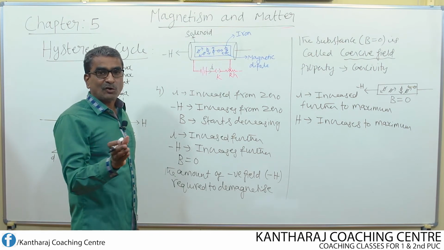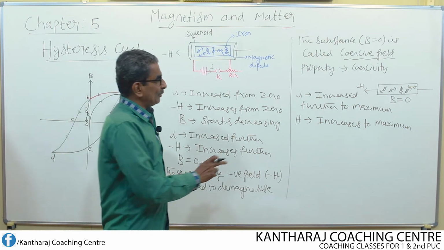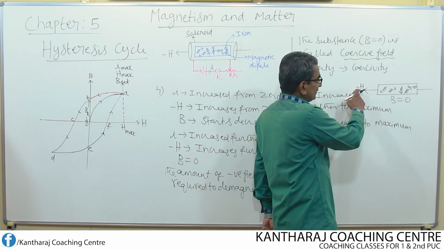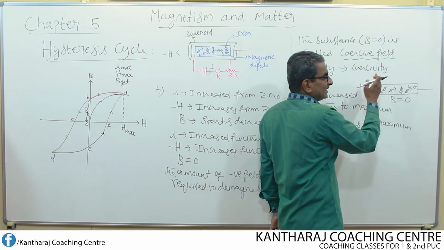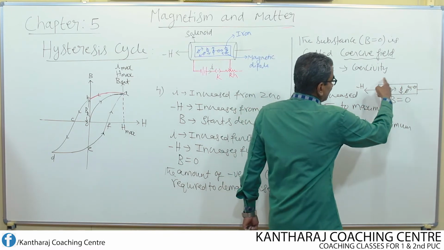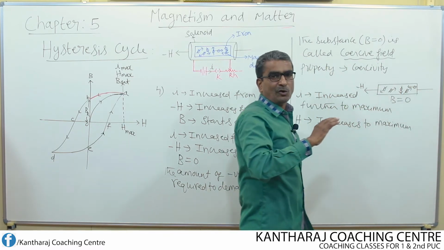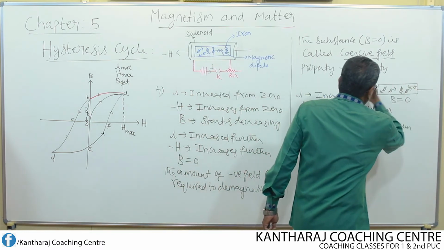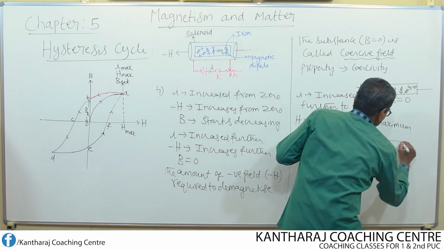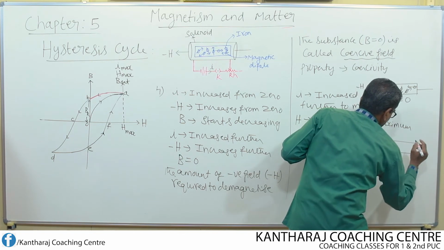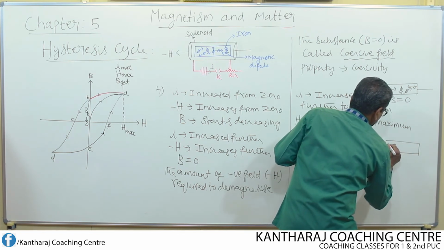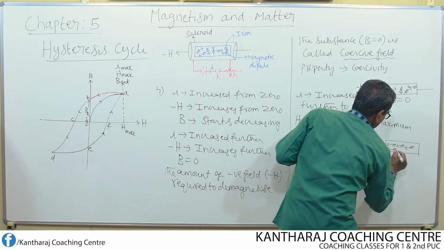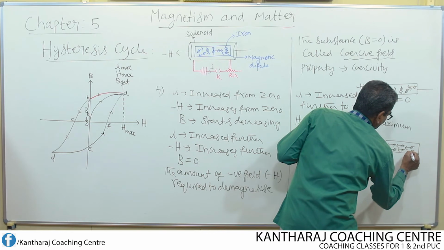Now B starts slowly increasing. Now B became equal to 0 for some amount of negative field. Okay. Now B starts increasing. That means once again the magnetic dipoles slowly start orienting in the direction of H, like this. So the dipoles get oriented in the direction of H.